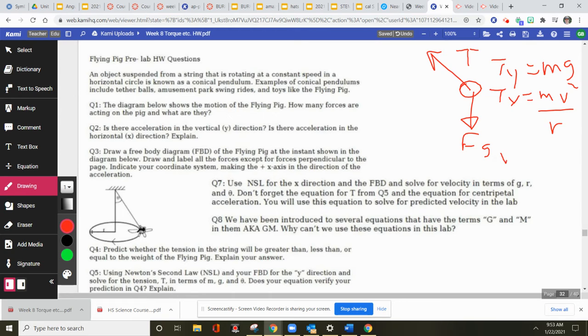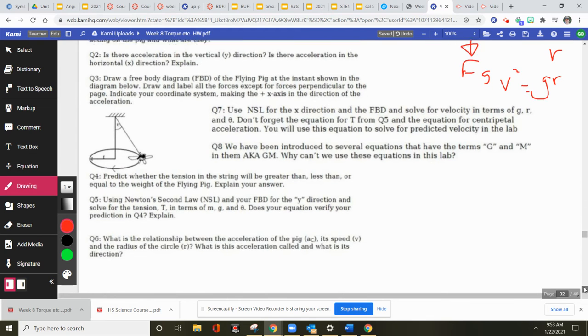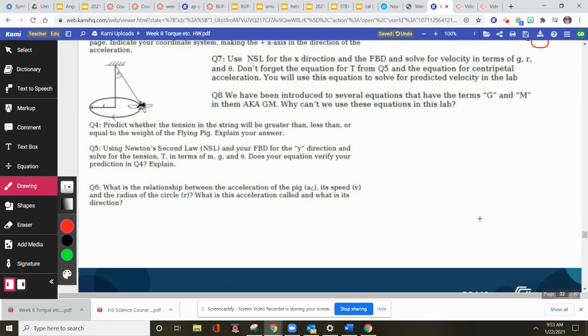So basically v squared equals gr, or v equals the square root of gr. I don't know where the theta comes in. We can't use the equations that have a big G and a big N in them because those are only for things orbiting planets. It's Newton's universal law of gravitation.